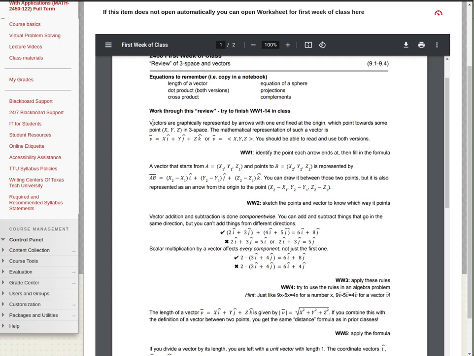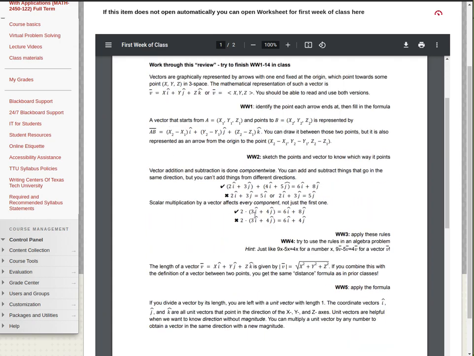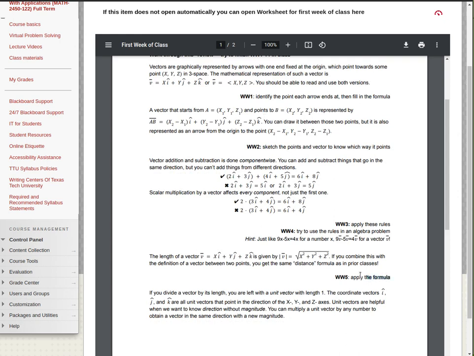The first several problems, I'd say WebWorks 1 through 5, I've really not gotten questions about. Those are just the definition of a vector and then how we do vector addition, how we find the distance between 2 points as a vector, how we find the length of a vector.